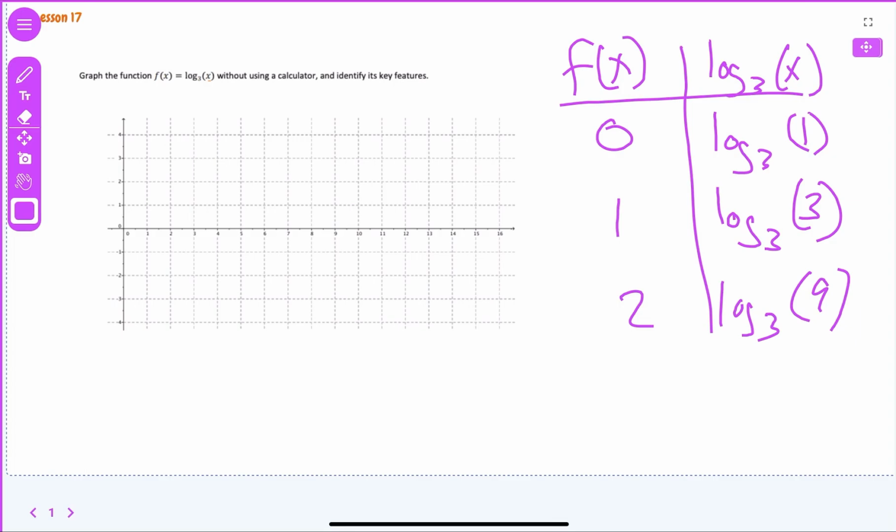Can the x be 0? When I'm talking about graphing this, to what power of 3 can you get an answer to equal 0? When you have a base of 3, what power can you raise that to equal 0?